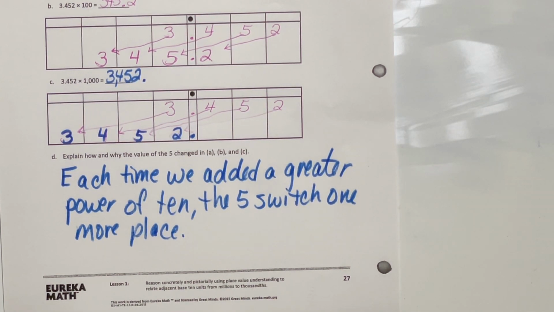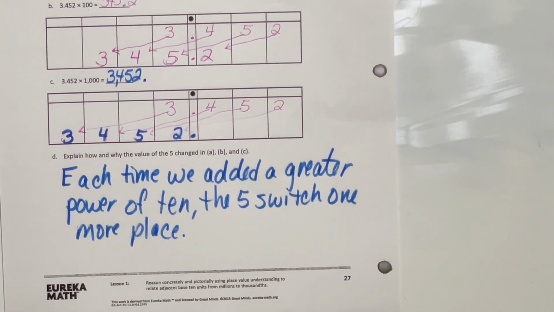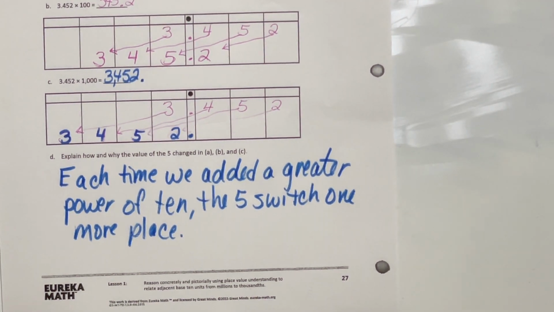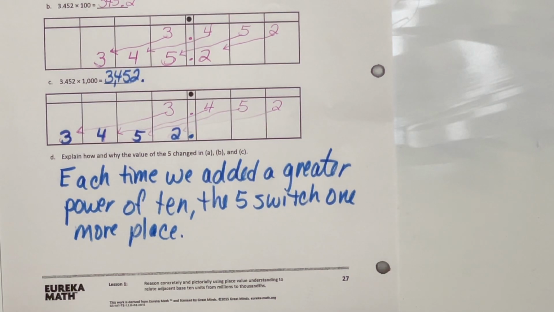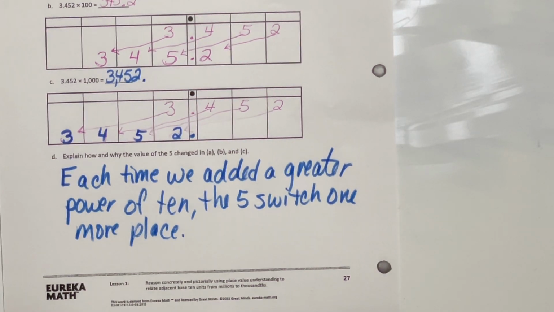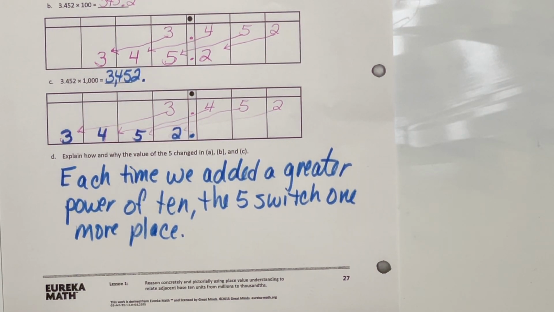Now, how is this going to play out if we were to divide these numbers instead? Well, let's look at some examples of the division. And if I'm going too fast, the video can always be paused for a minute so that you all can get caught up.